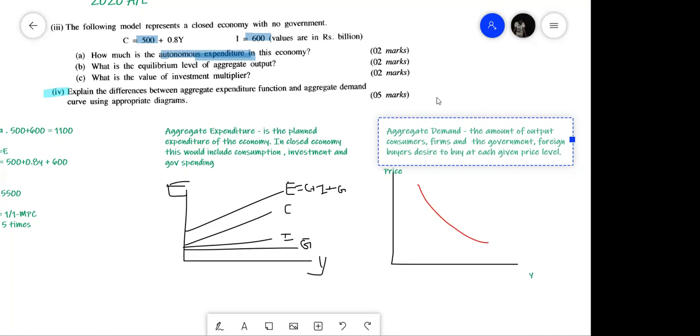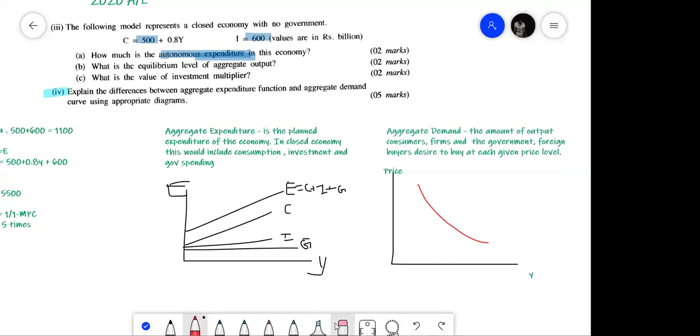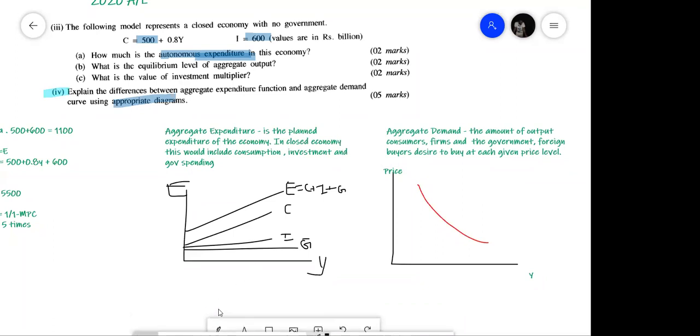So guys, when you get questions like this, don't worry too much about how you are going to show the difference. Trust me, with appropriate diagrams for the two curves themselves, I think for 5 marks, just check how they are breaking down the marks in the paper.